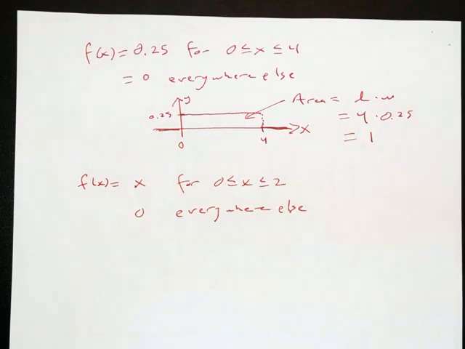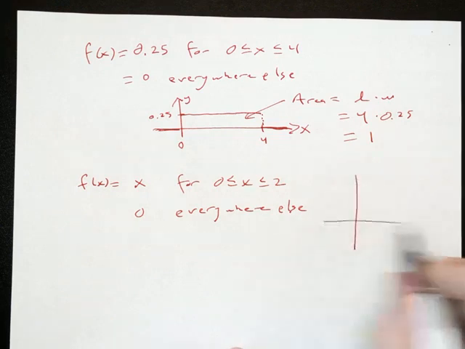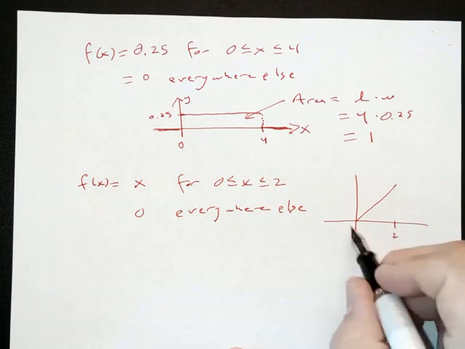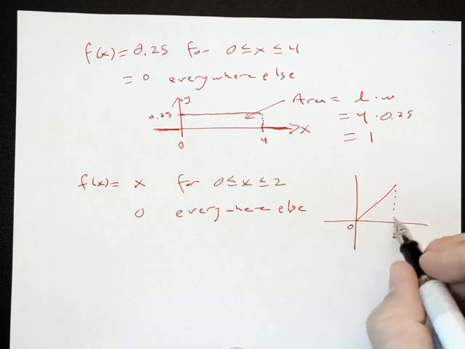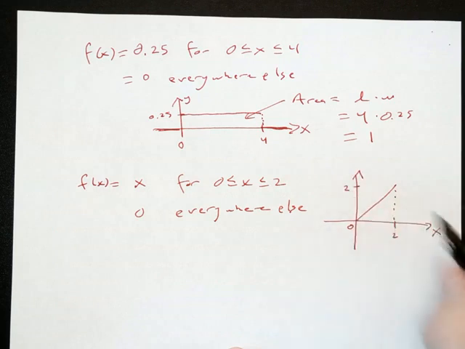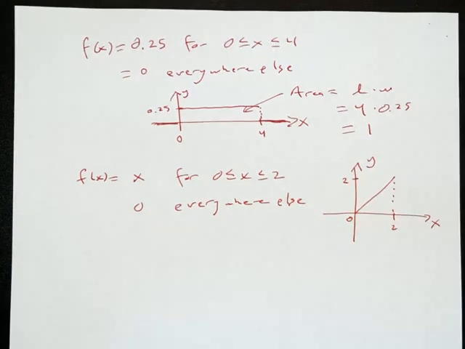And that's why I mentioned specifically horizontal, because all lines are straight. That's the definition of a line. But this line is at an angle, and it stops at 2. And since y is equal to x, that means that when it stops, it's at a height of 2 as well. The x value is 2, the y value is 2.